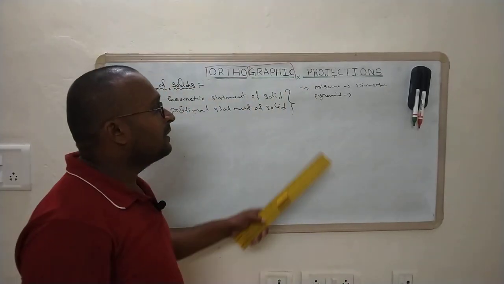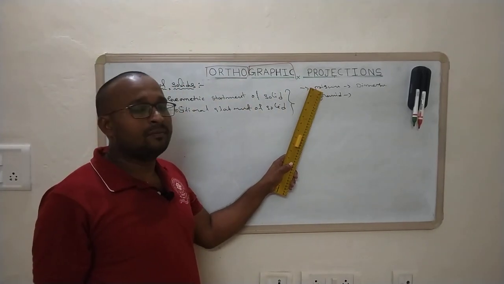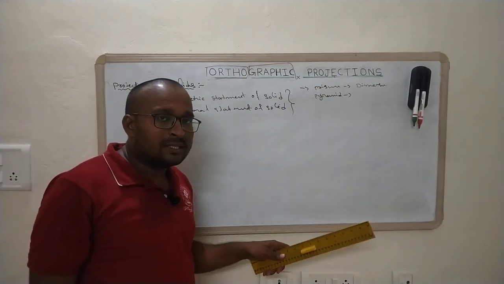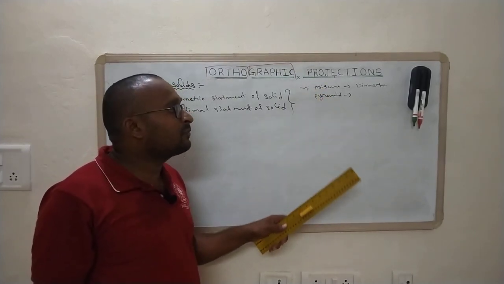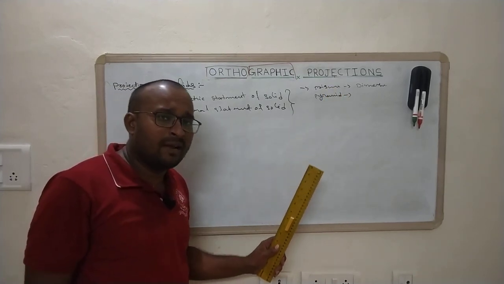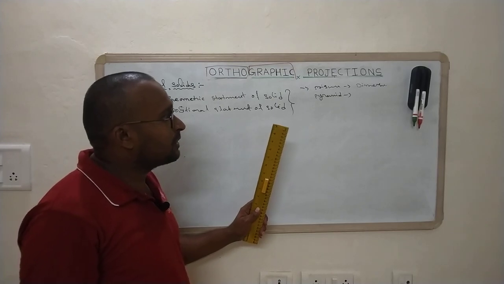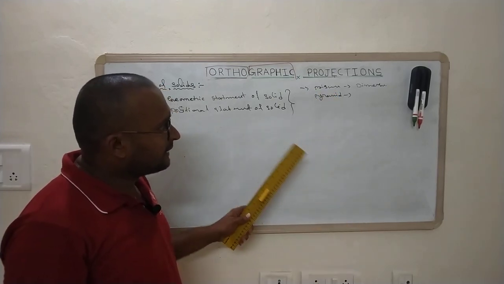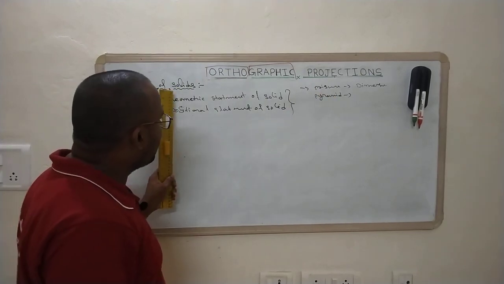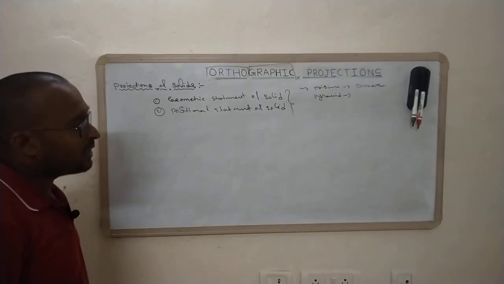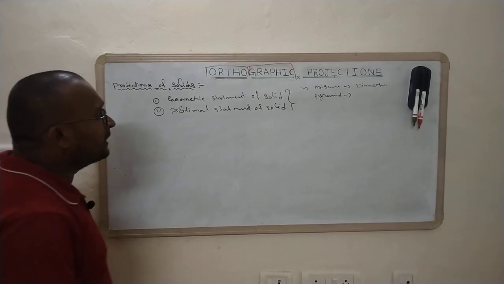For example, if it is a square pyramid or square prism, they will give the square size as well as the height of the axis. If it is a pentagonal prism, the base side will be given, and then the axis height. Like that, this initial step is common for all the problems.